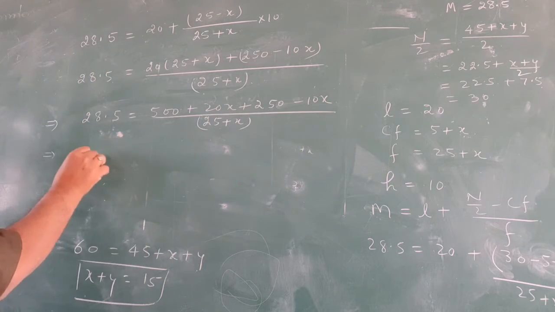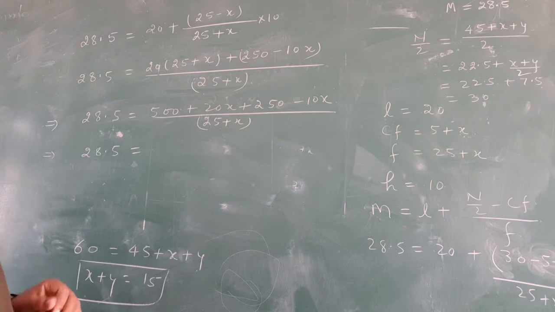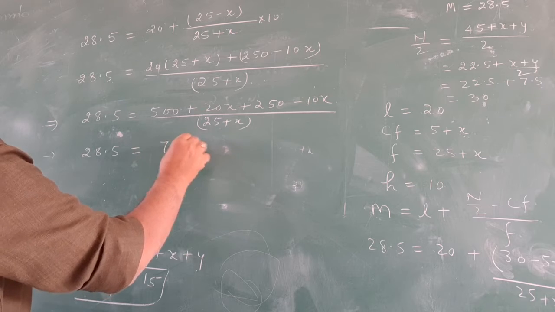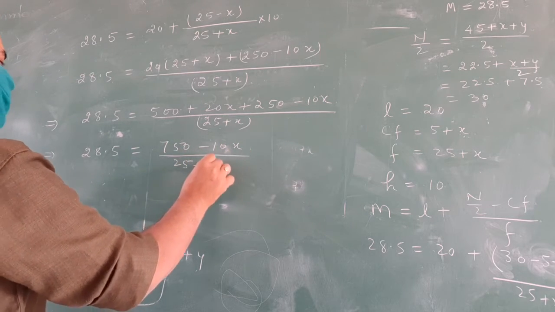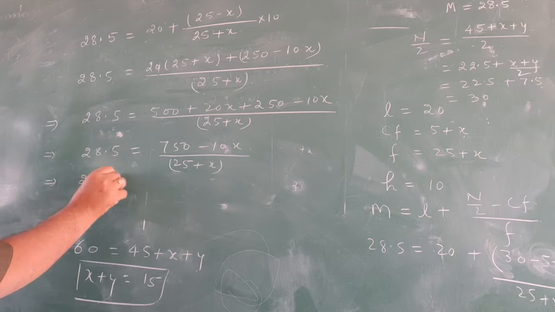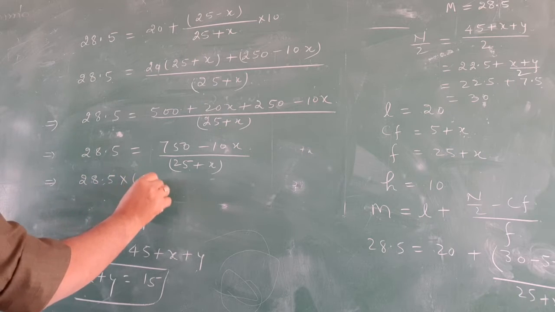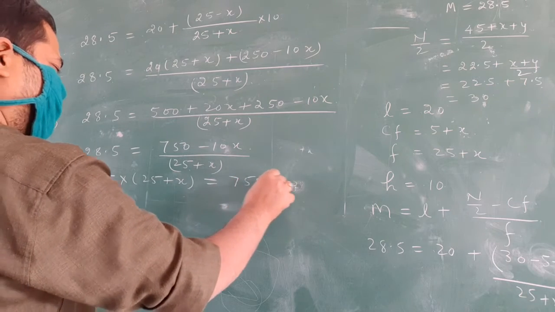That is 750 minus 10x divided by 25 plus x. So this you multiply here: 28.5 into 25 plus x is equal to 750 minus 10x.